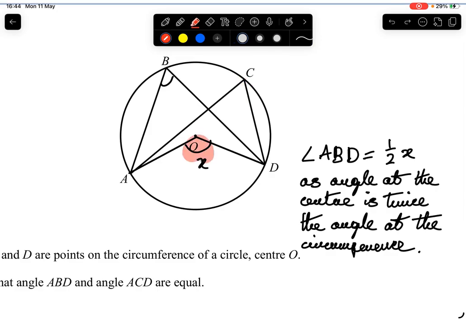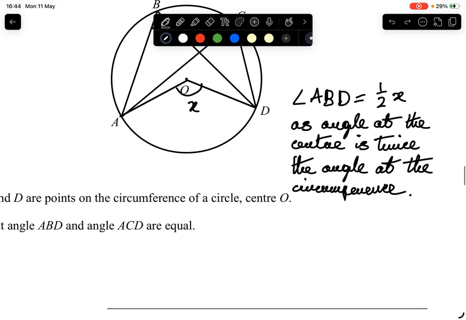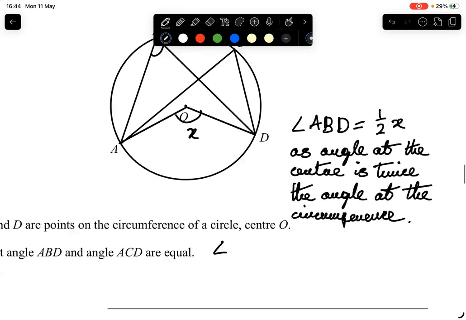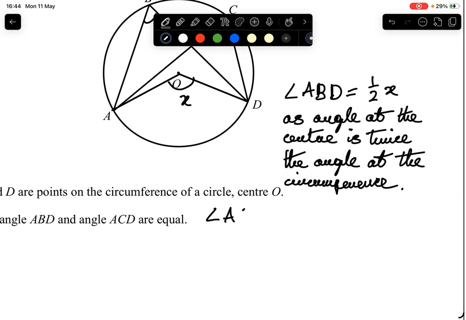So I've applied the angle at the centre is twice the angle at the circumference argument for this angle, but I could also do the same for these two angles. So all I need to do is write angle ACD is equal to 1/2 x.